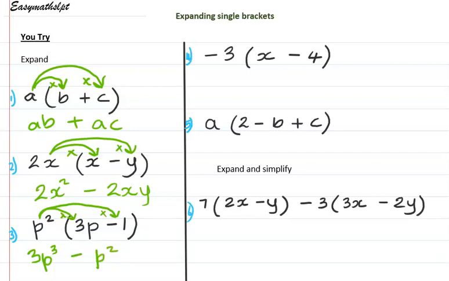Let's do the fourth one. We're multiplying x minus 4 by negative 3. So I always like to put this in a little bubble or circle so I remember. So negative 3 times x is negative 3x, and negative 3 times negative 4, remember a negative times a negative is a positive, and 3 times 4 is 12.